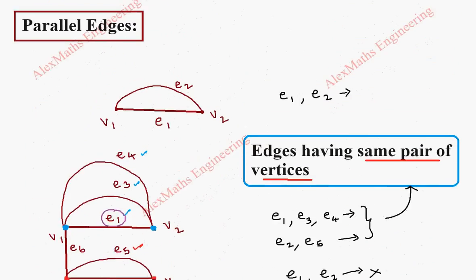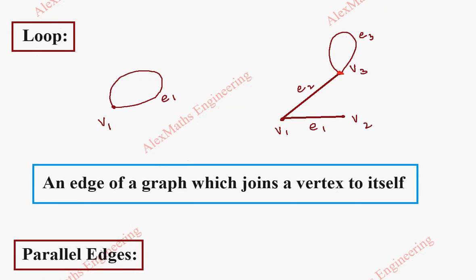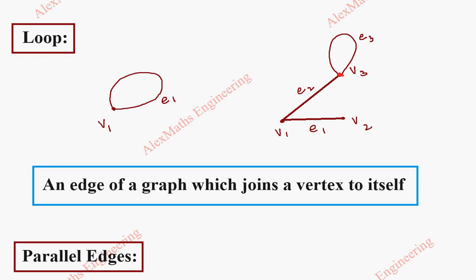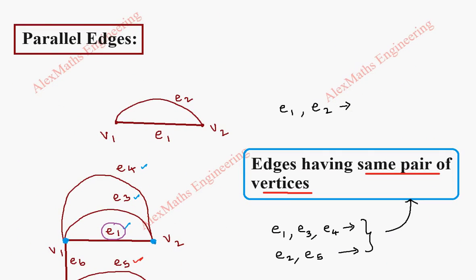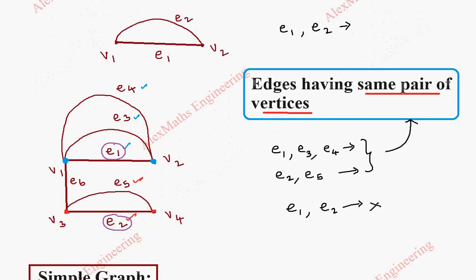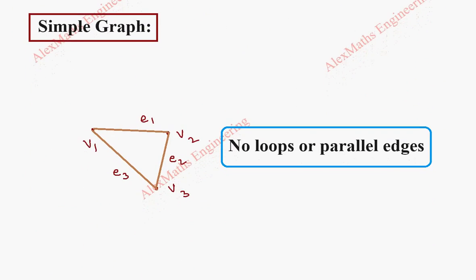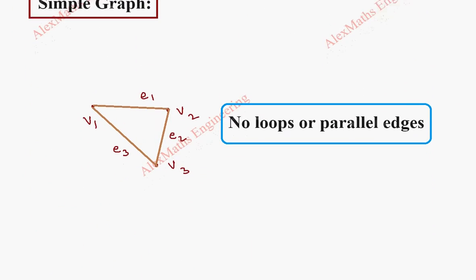So loop already we discussed, which is an edge connecting with a single vertex. So there is no such thing present, and parallel edges are edges having the same pair of vertices. So we don't find anything as such.